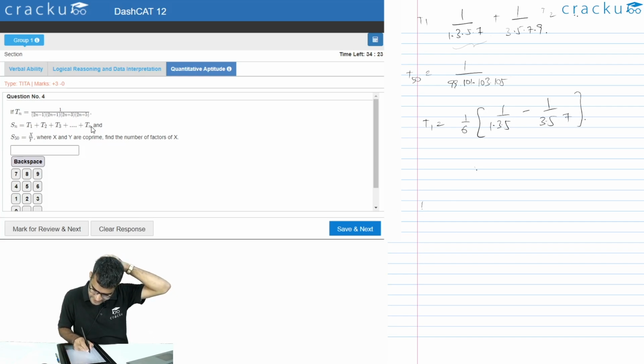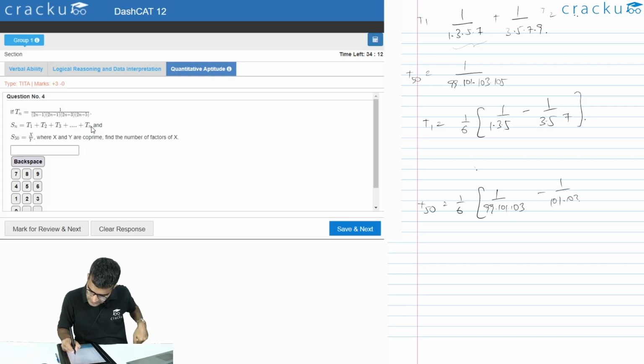And T of 50 is going to be equal to 1 by 6 into 1 by 99 into 101 into 103 minus 1 by 101 into 103 into 105. So overall the sum will be 1 by 6 into 1 by 1 into 3 into 5 minus 1 by 101 into 103 into 105.